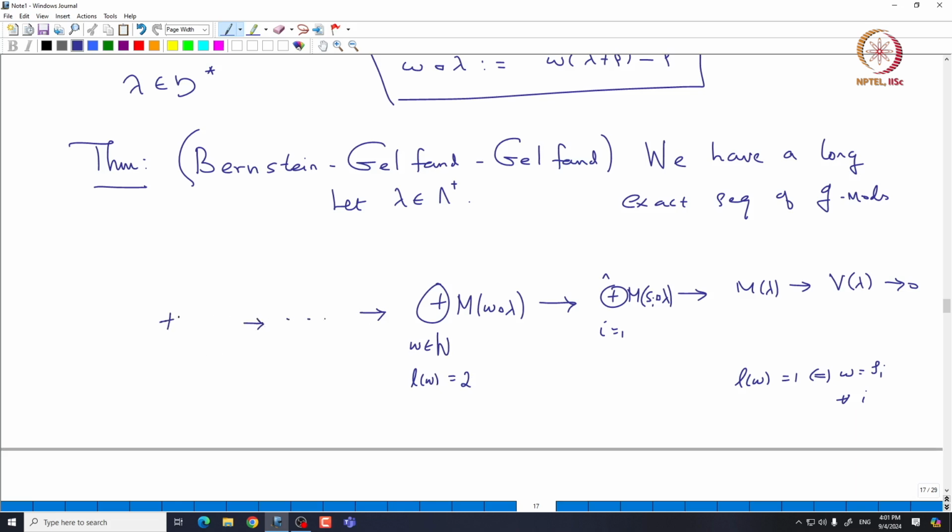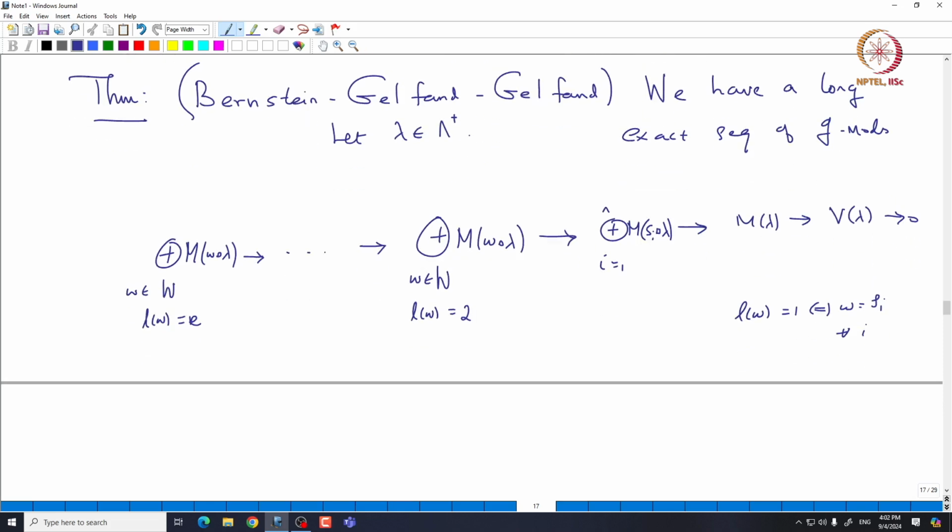For example, the kth term is going to be M of w dot lambda, where w comes from w whose length is exactly k. And it is a fact that one can easily verify for any Weyl group, in particular for the symmetric group, that you have something called the longest element, and that element is unique. If you go with this length function, you can find an element that has the longest length, and that element must be unique.